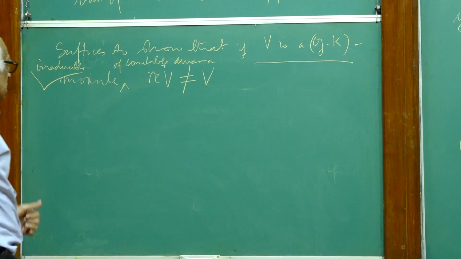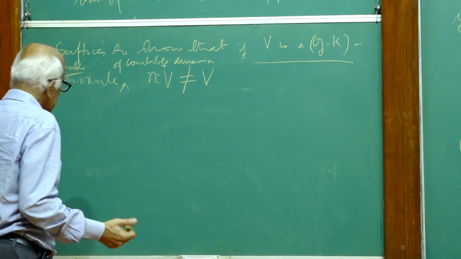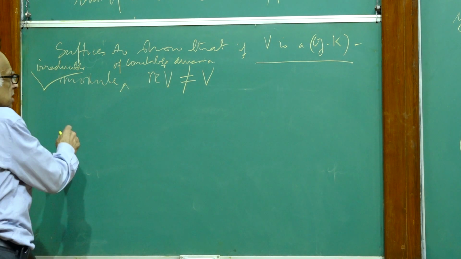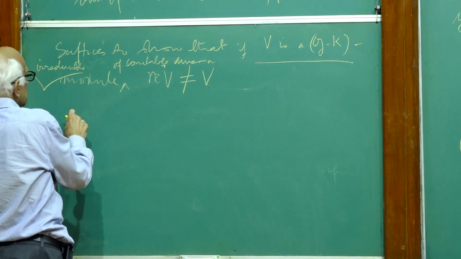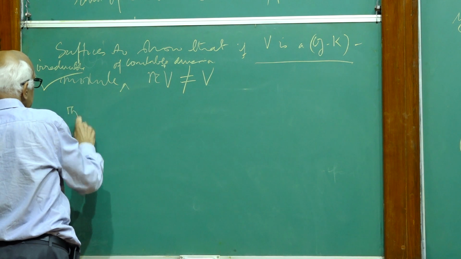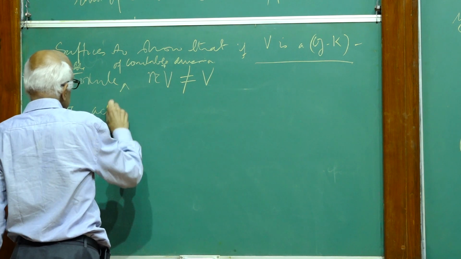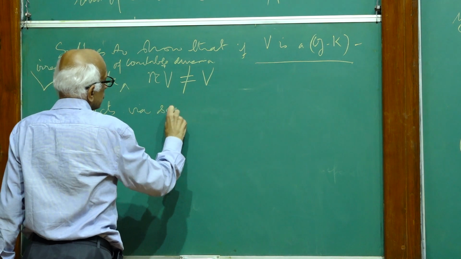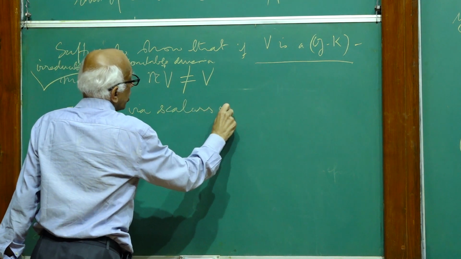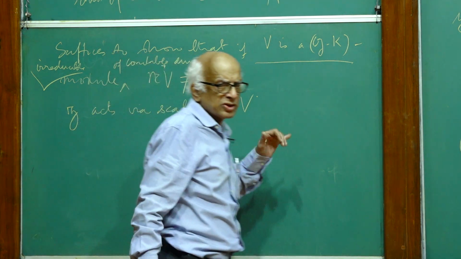And one of the things, again, well known, is the fact that Z, the center, acts via scalars on V if V is irreducible.